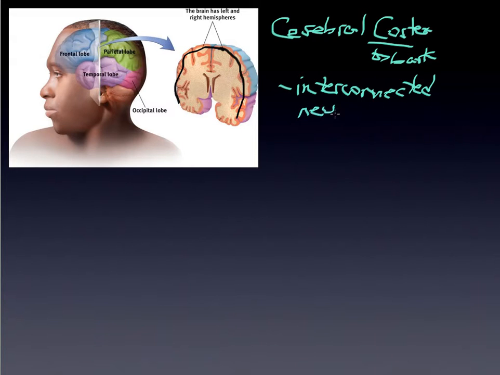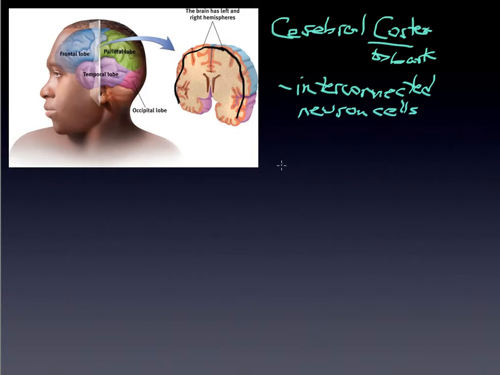So this thin layer is what we refer to as the cerebral cortex. Laid out, it would probably be about the size of a large pizza when we flatten it all out.